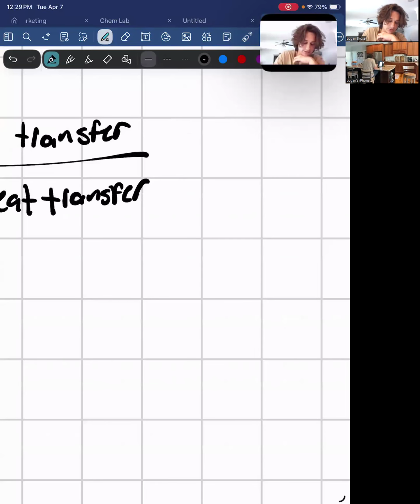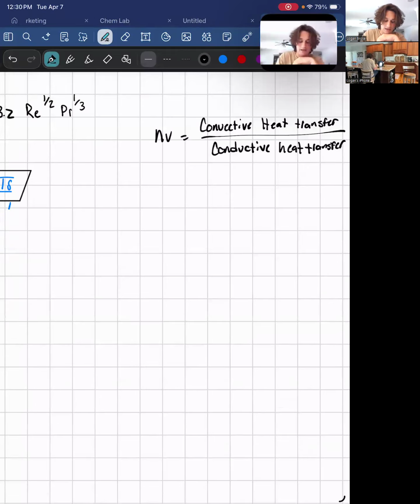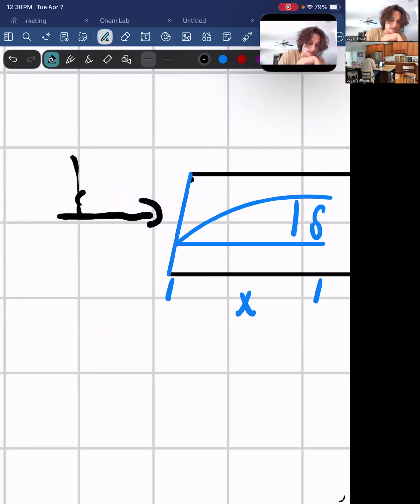So this is just hx over k, that's our convective over our conductive. Our goal here is we want to maximize h. So what is h? This is h, that's our convective heat transfer going in. We want to maximize that.